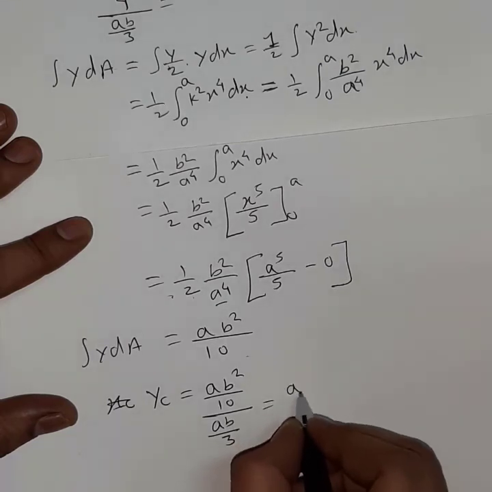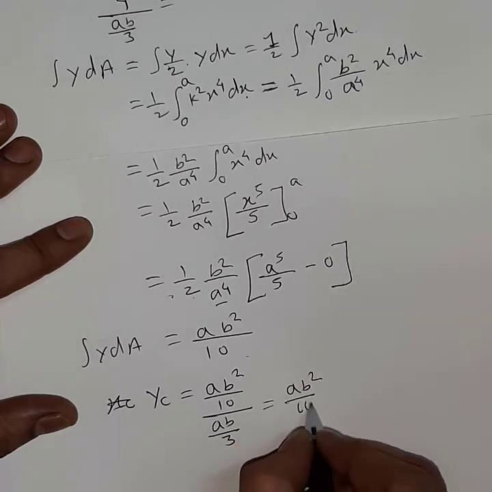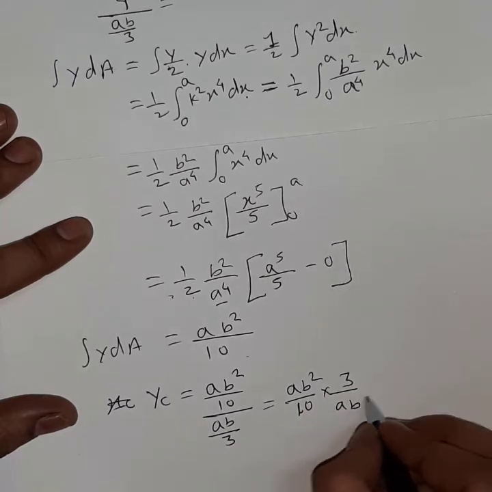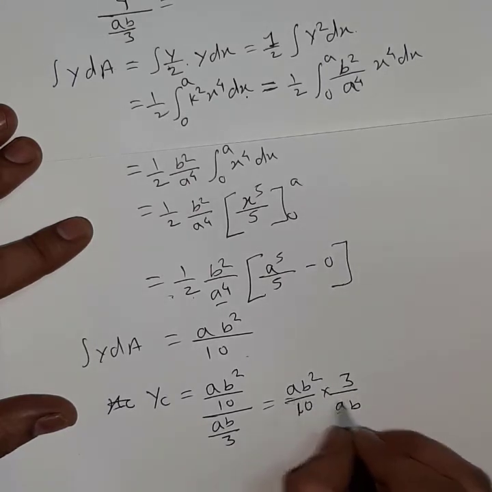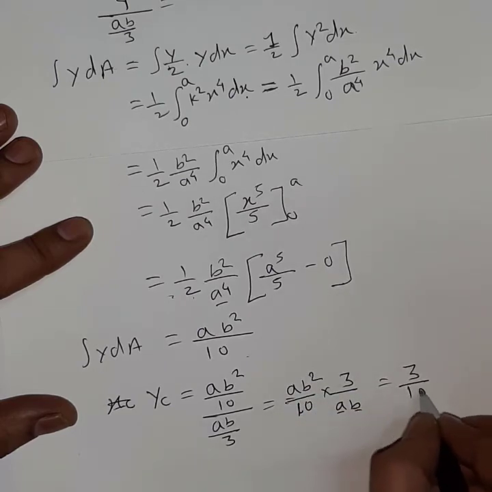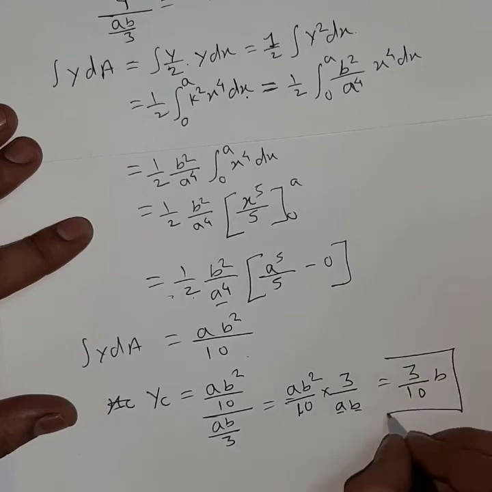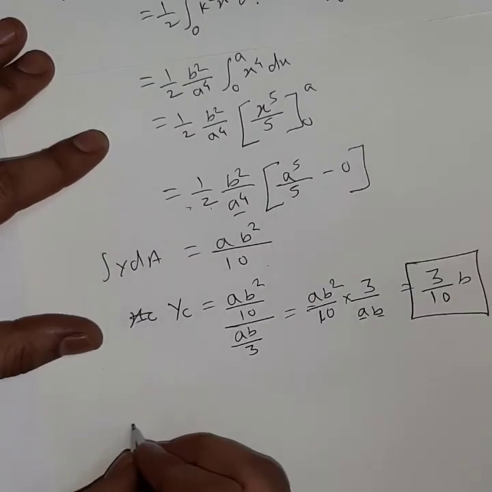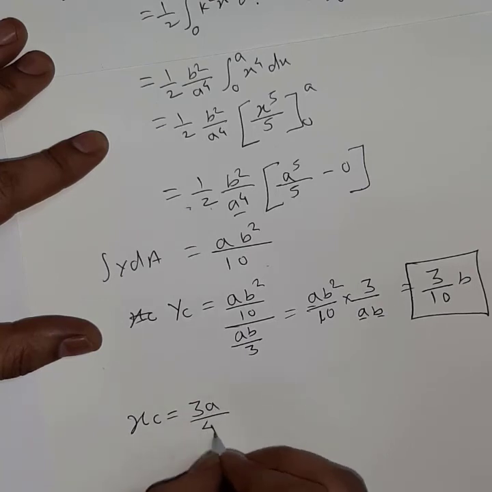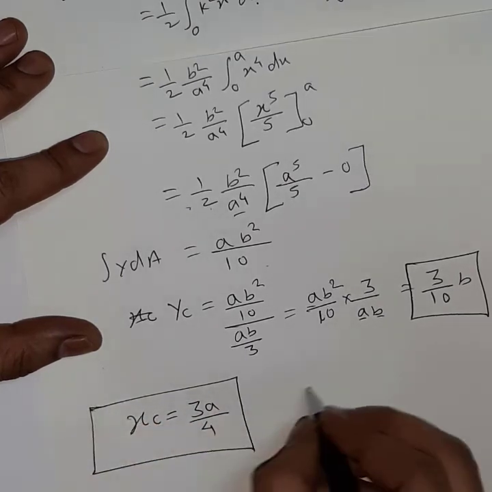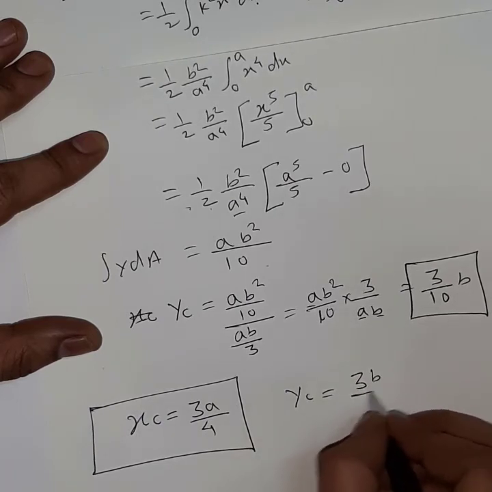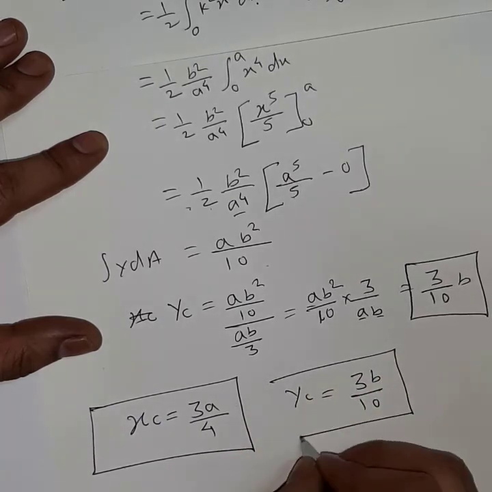So you can write it as a b square by 10 multiplied by 3 divided by ab. Here a will get cancelled, b in the square will get cancelled, and you get 3 by 10 times b. So this is the answer for yc. We can write the final answer as xc is equal to 3a by 4 and yc is equal to 3b by 10.